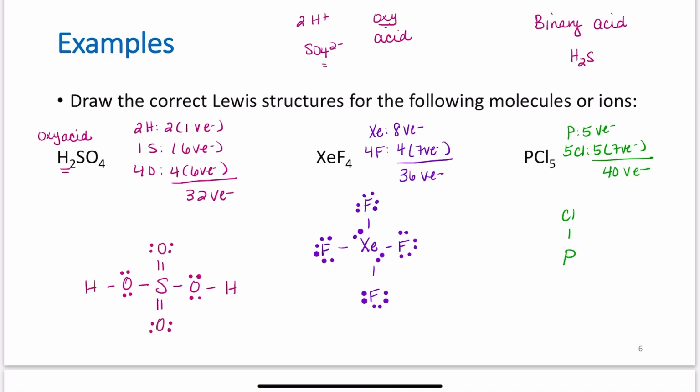Connect my phosphorus and my chlorines, and give every chlorine its octet. Notice I've used up all 40 electrons, so I don't have any left. This is the correct structure. And I check, and phosphorus has more than an octet, but again, this is allowed.